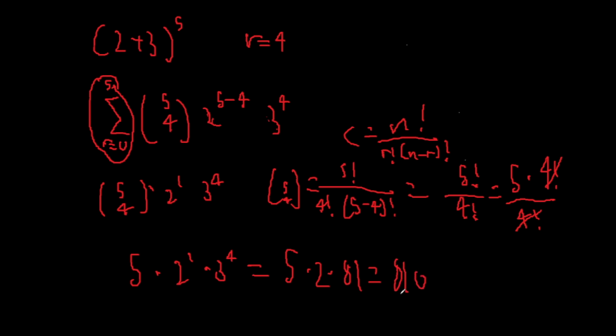That's 10 times 81. And now we've solved it for when we want r to be 4, when we want the fourth term, it's 810. That's the summation of it, because remember, we have the sigma here. This is the sigma over here for summation. The answer is 810.